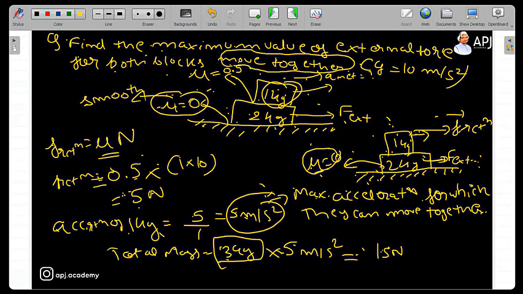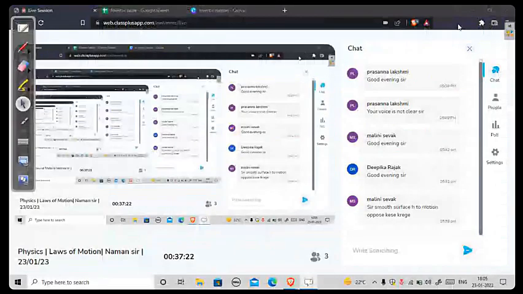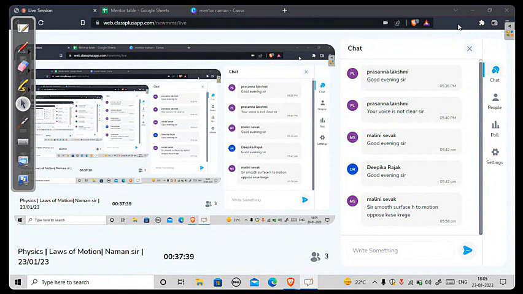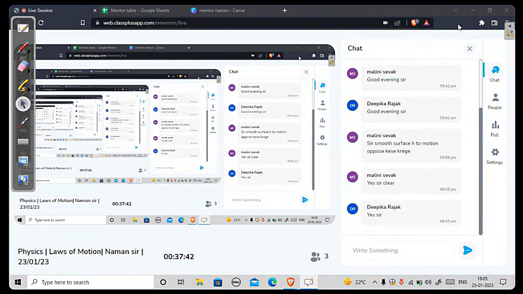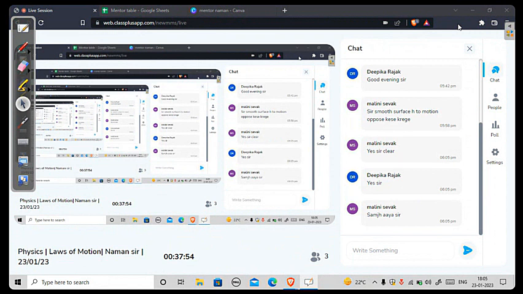समझ में आया? Did you guys understand? समझ में आया आप लोगों को? कुछ कुछ समझ में आया सर? स्मूथ सरफेस है तो मोशन अपोज कैसे करेगा? है? माइक ऑन करो, माइक ऑन करके पूछो। क्वेश्चन समझ नहीं आया मुझे आपका। माइक ऑन करो मलिनी। अच्छा क्लियर हो गया, क्लियर हो गया। ओके ओके, मलिनी एंड दीपिका आर क्लियर। व्हाट अबाउट प्रसन्ना? शी इज द फर्स्ट वन टू join the class today.